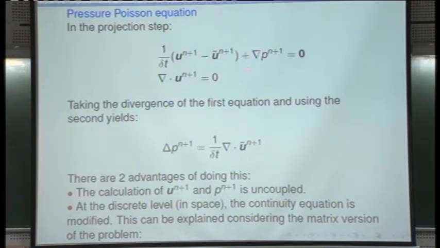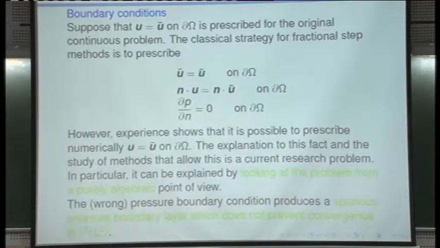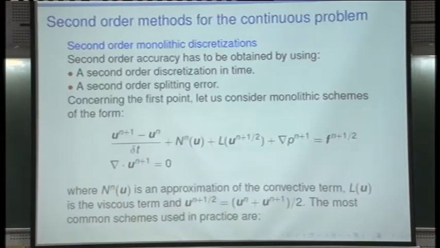So that means that the derivative of p with respect to the normal is 0. That's a spurious boundary condition that is known to happen in the case of fractional step methods that leads to spurious pressure boundary layers, which, however, do not prevent convergence to be order delta t to the power of 1/2, as we have seen before. But that's a problem of fractional step methods. Okay, that problem is first order.